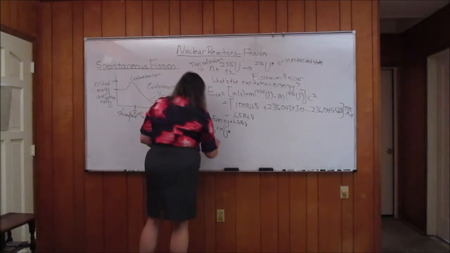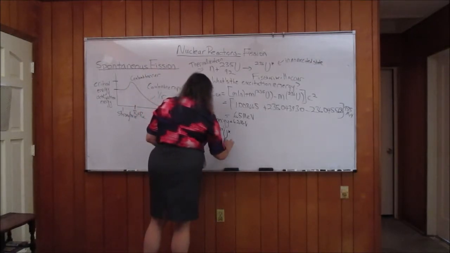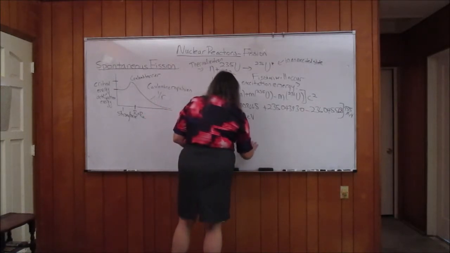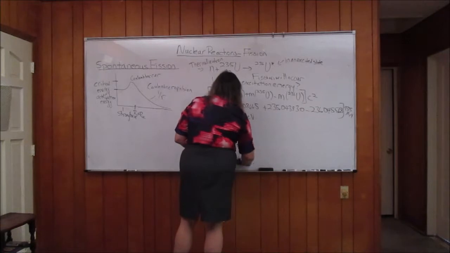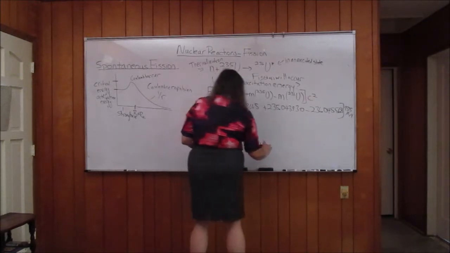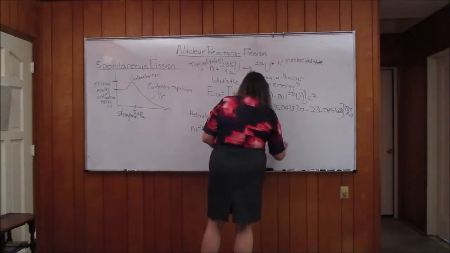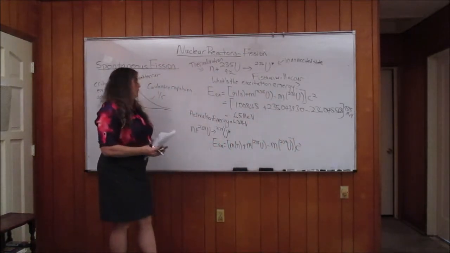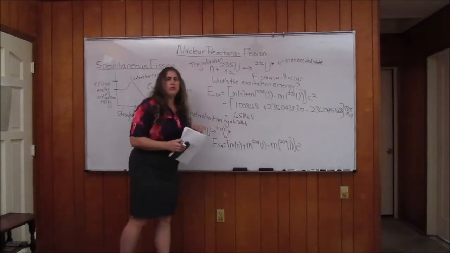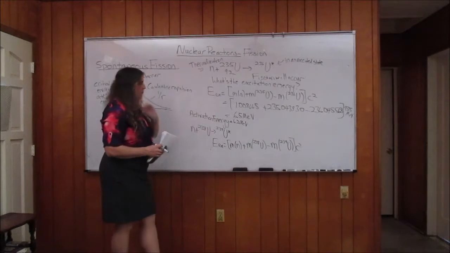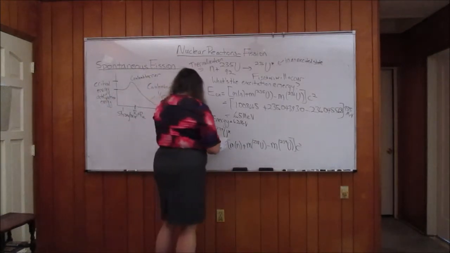Well, do the same kind of calculation: calculate the sum of the masses of the neutron and the uranium-238 nucleus, and take the difference with uranium-239.